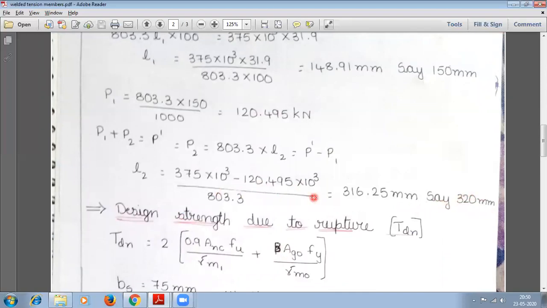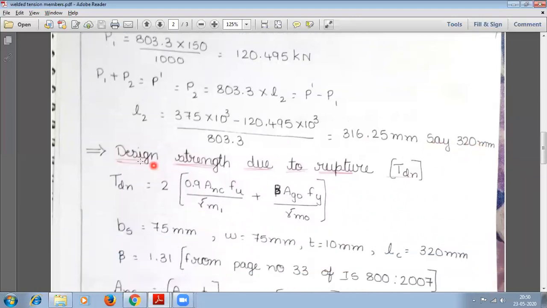So you will substitute and get this. What is P dash? P dash is nothing but 375 into 10 raised to 3, converted into newtons, minus 120.49, divided by 803.3. Fine. So now here you will get 320 mm. Right? Next, this is about the L1 and L2.